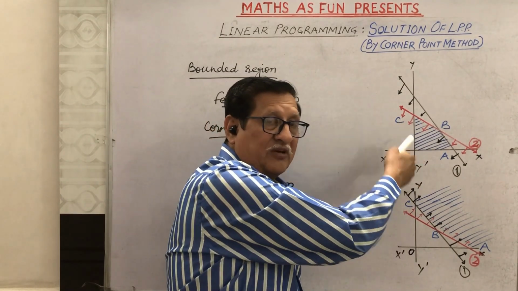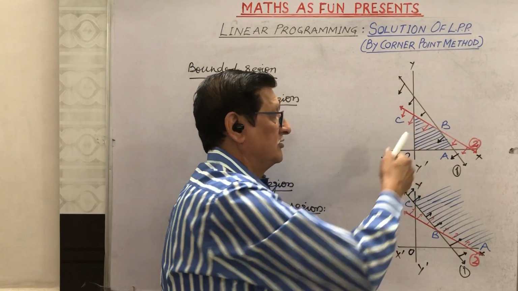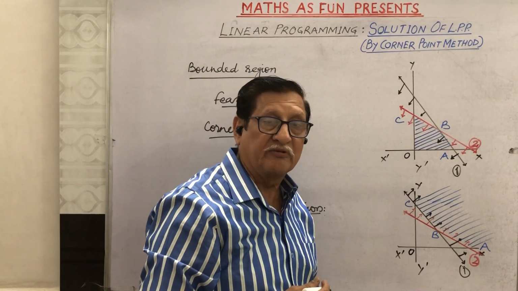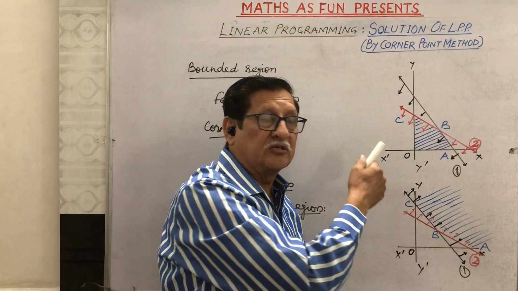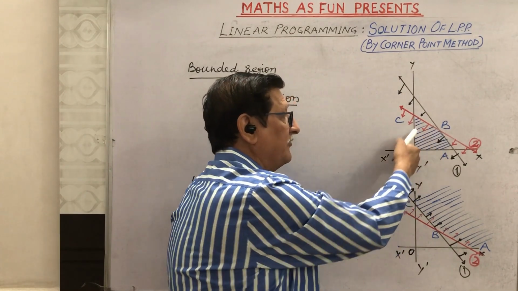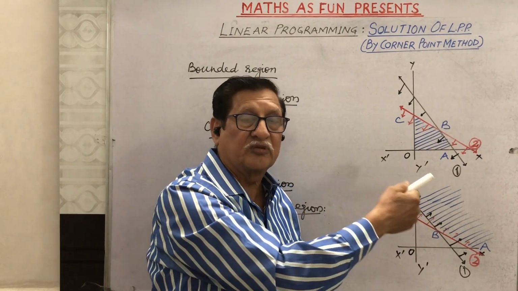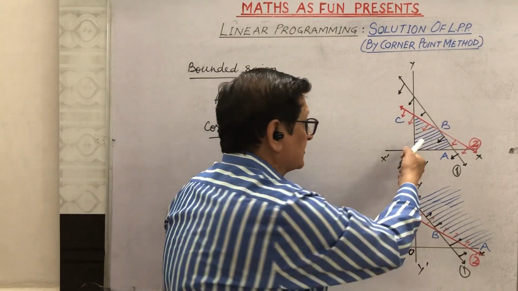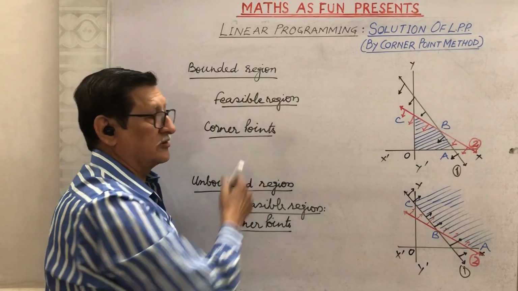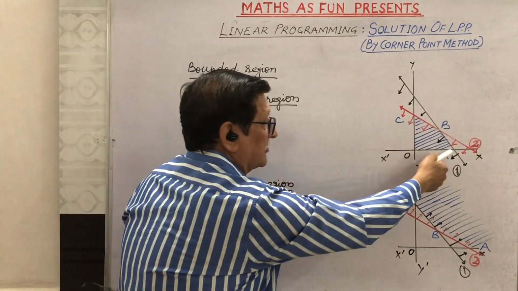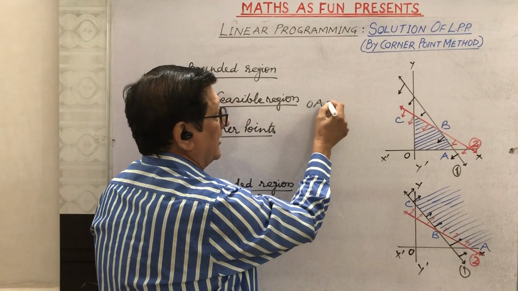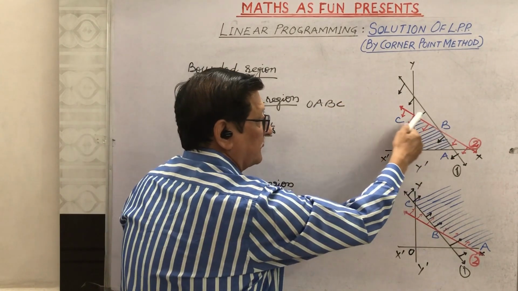This is the region which has the solution of both the linear inequations. Also we can say that this is the region in which every point satisfies the inequalities or the constraints of the LPP. This is known as the feasible region. So here the feasible region is O, A, B, C.